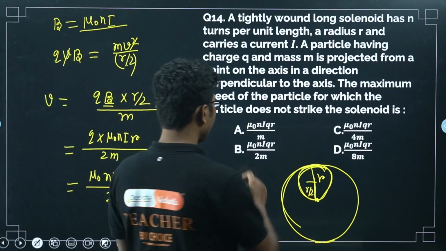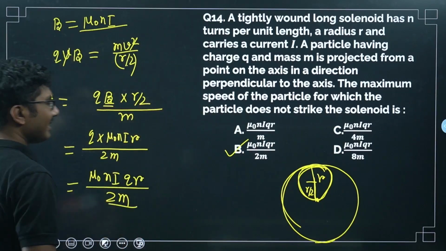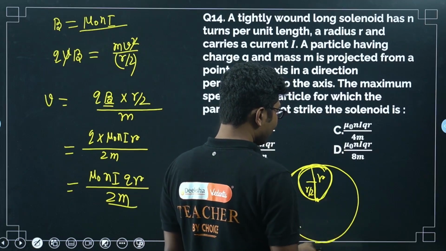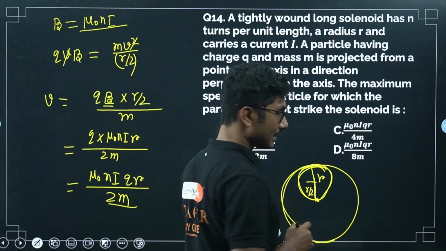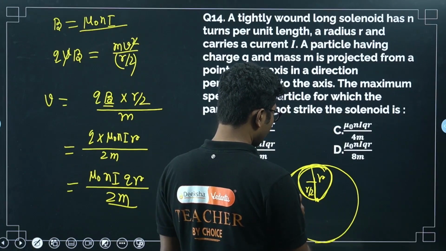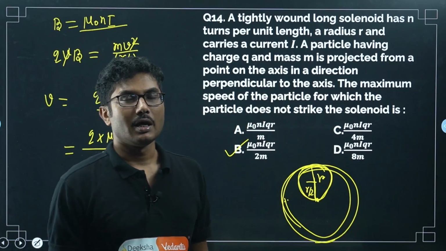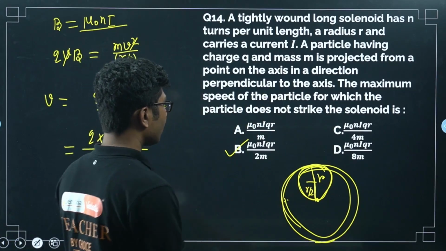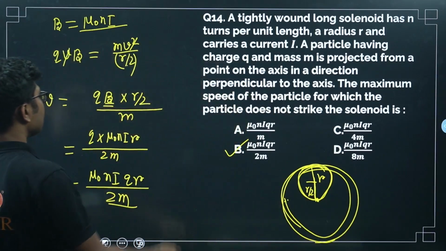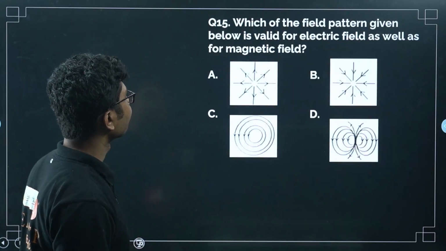So this is the only catch. If they have not mentioned anything, if they mention that a charged particle is thrown from one side of the solenoid, then you have to take the radius completely, that is radius r. But they have said it is thrown along the axis. Along the axis means maximum radius of the circle should be r by 2. That is the only catch of this problem.